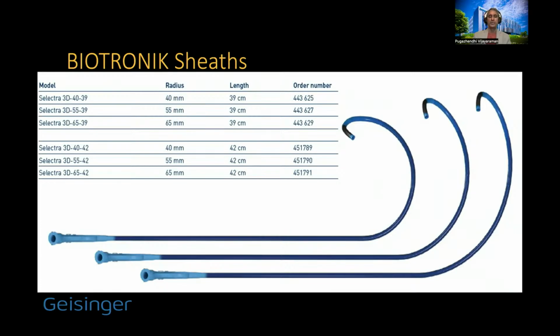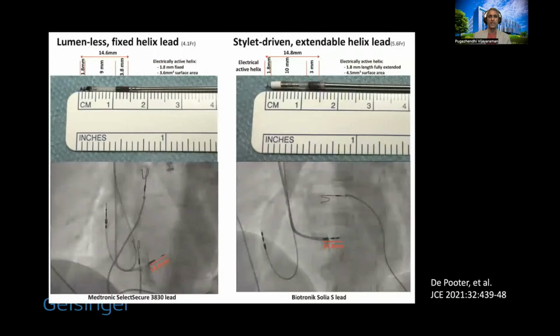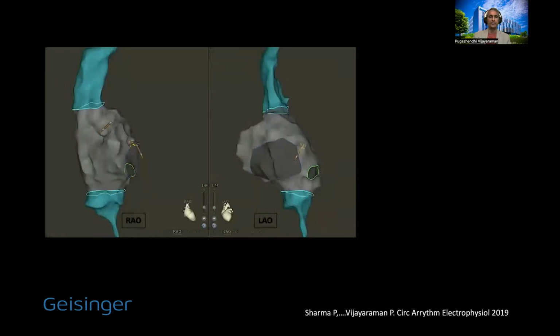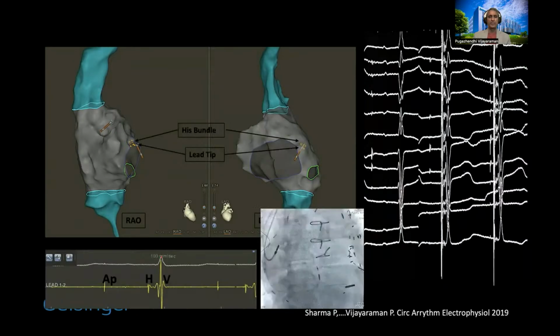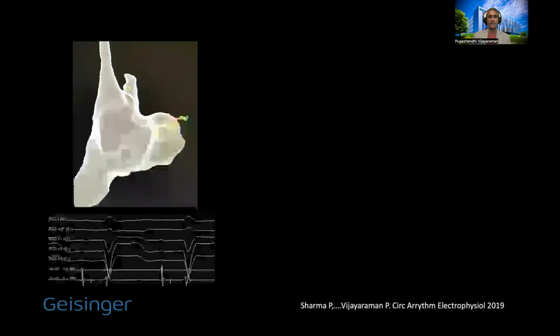This has led to an explosion of information and more science being published almost on a daily basis. If you look at methodology, we also learned over the years that three-dimensional mapping can improve success of His-Purkinje pacing and reduce fluoroscopy durations.